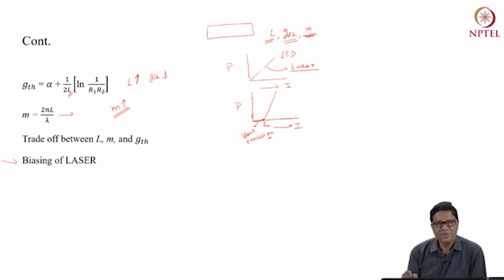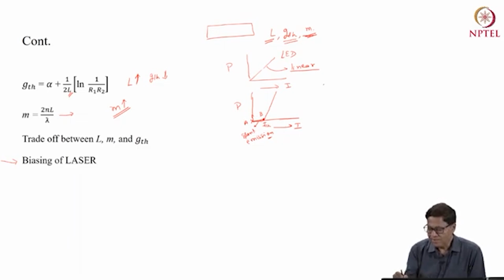So it's a threshold device. After a certain threshold, there is an increase in the power, whereas in the case of LED, it was almost linear. So now when you are using this laser diode, where should I bias my laser? Whether I should bias my laser at this point, say I call it point A, or I call this point somewhere here as point B.